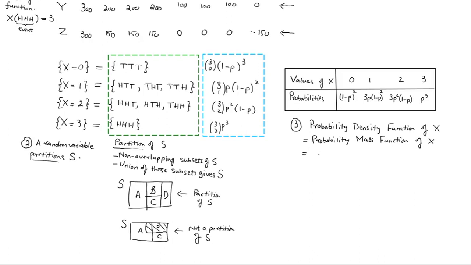It is also called the probability distribution of x.